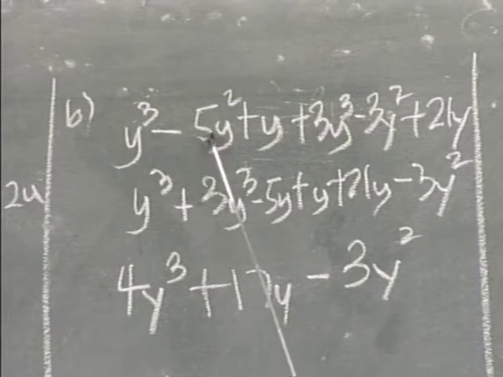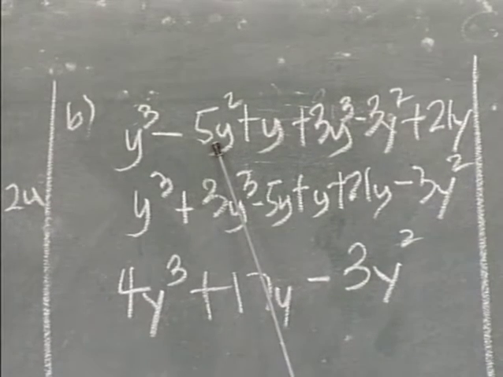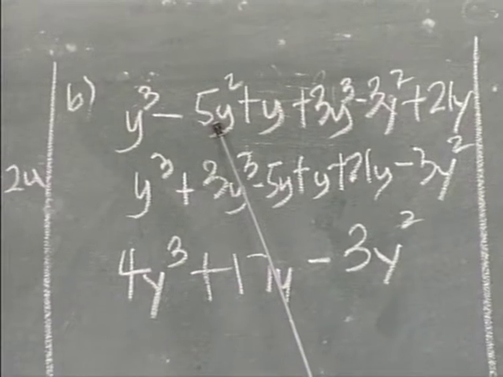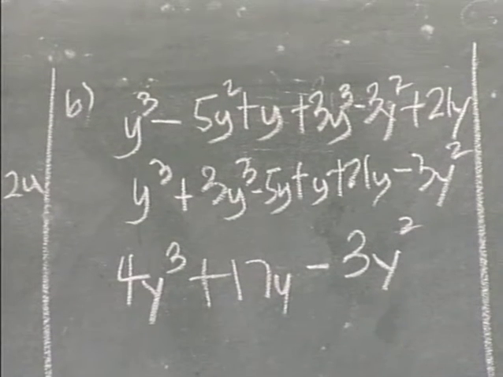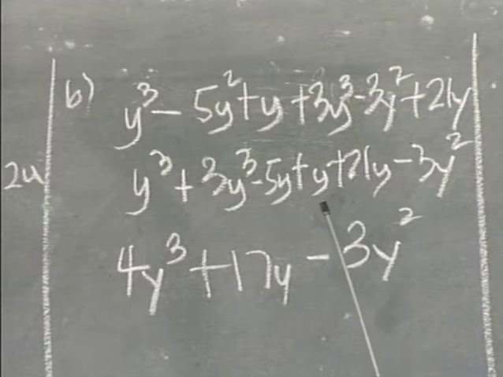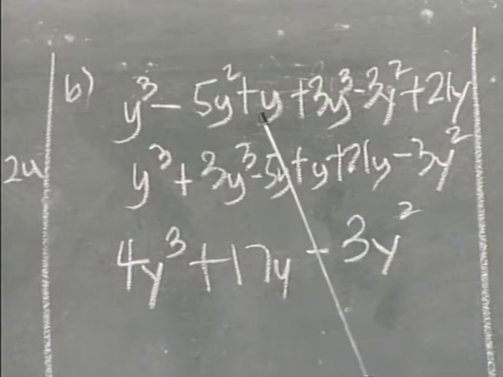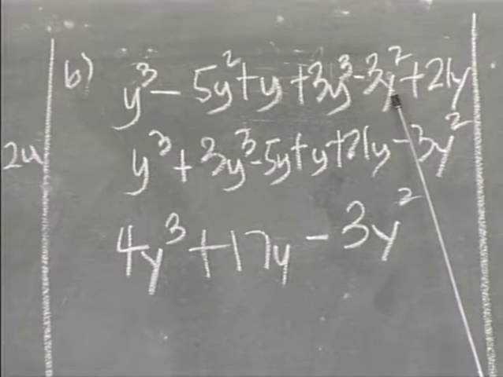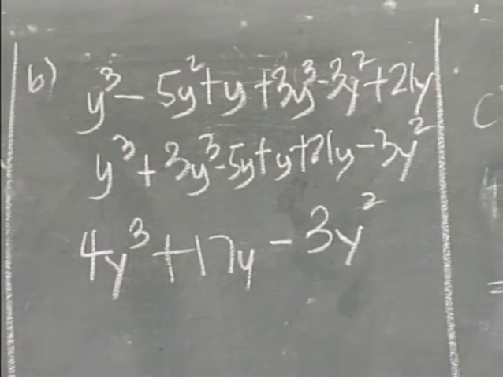Yeah, it should be minus 5y squared. Okay, then we'll do it like it is. We'll just look at that one and we'll follow this one. Okay, minus 5y squared plus y plus 3y cubed minus 3y squared plus 21y.